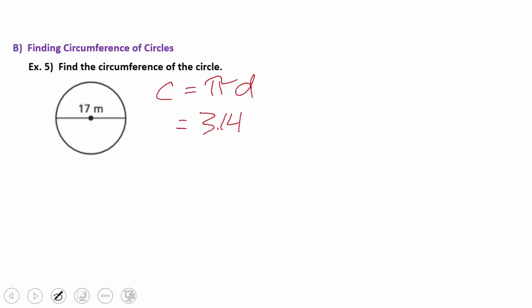You will get a different answer that doesn't always jive with what we're doing. So we always want to use the approximation unless told otherwise. So 3.14 times the diameter of 17. When you multiply those numbers together, you get 53.38. And that would be meters.